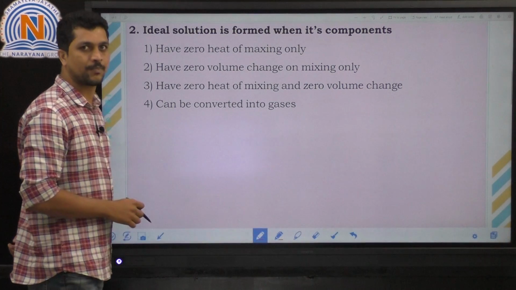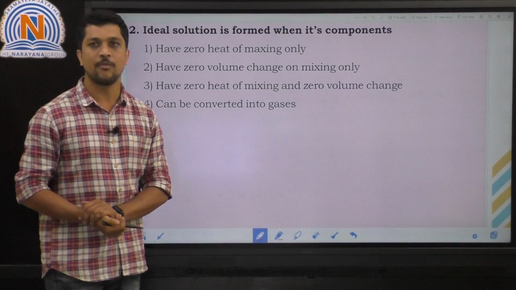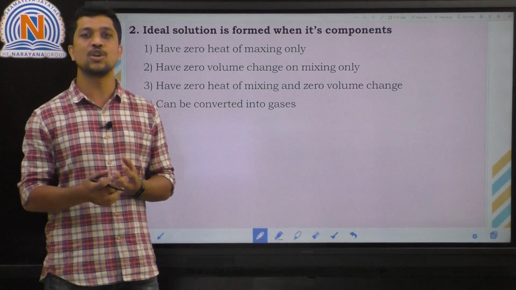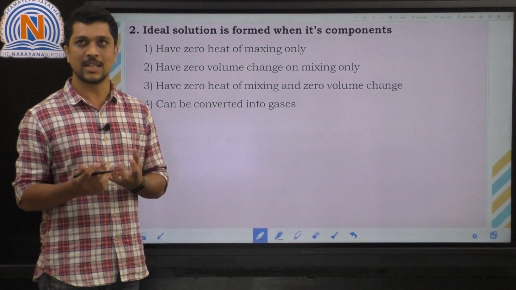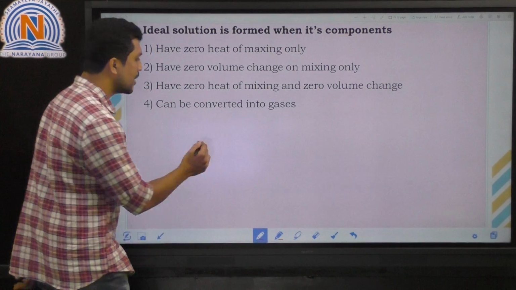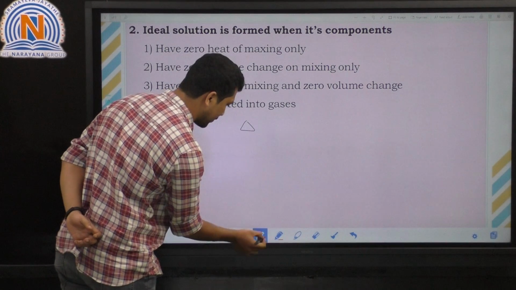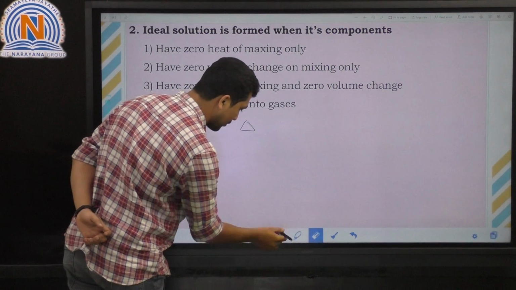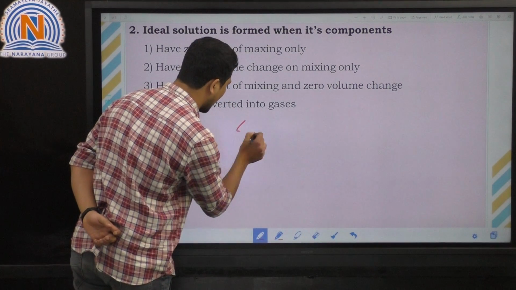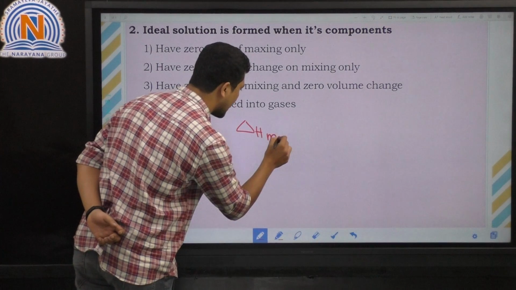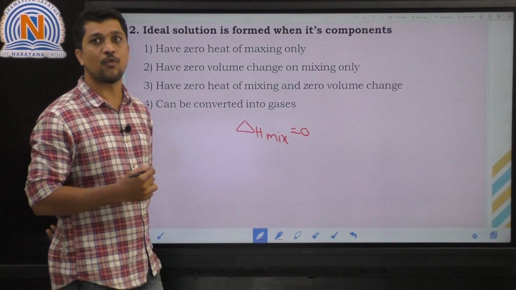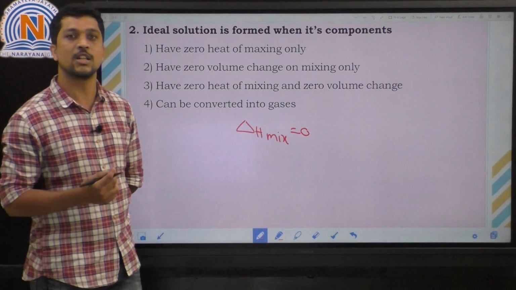Here the second question. Ideal solution is formed when its components. So generally, an ideal solution has zero change in enthalpy. The change in enthalpy of mixing is 0, that is delta H mix equal to 0, as well as the change in volume of mixing also 0.